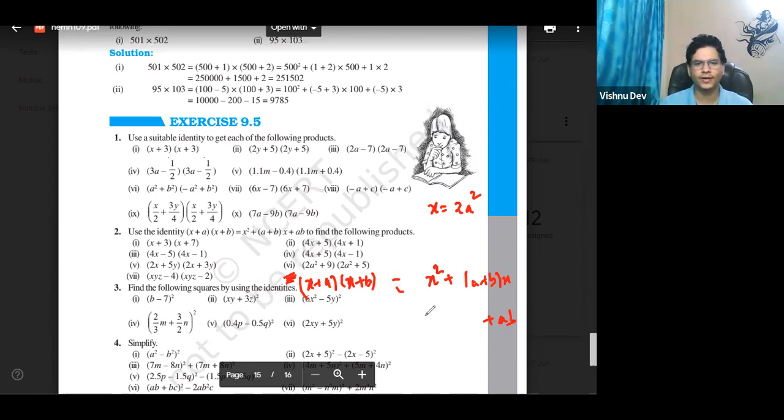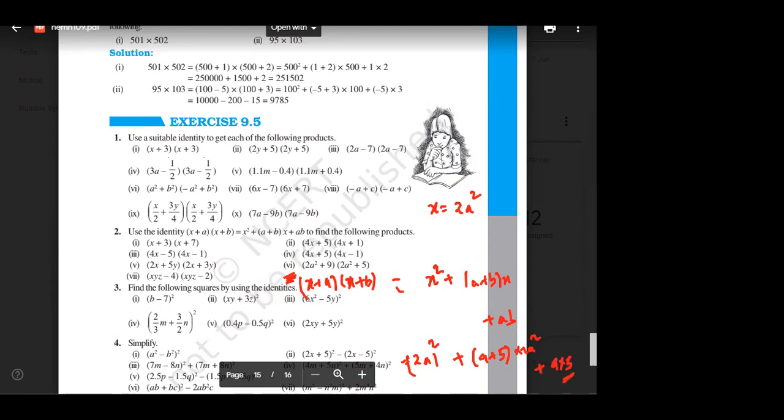Can you do it? So it will be 2a whole squared, because x is this, plus 9 plus 5. A plus b, 9 plus 5, into x, which is 2a square, into 2a square plus 9 into 5 directly. Okay, done. This is clear?